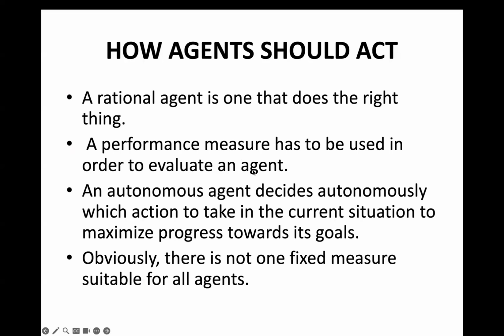The point I'm driving to is that you won't have one fixed measure that is suitable for all agents. Each agent is supposed to perform actions that are calculated towards achieving its goals.